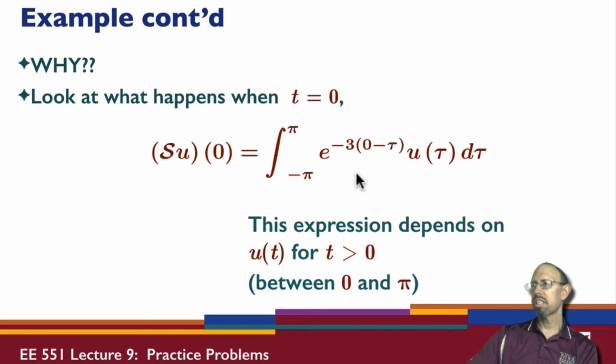So this is not time invariant, and it's not causal, because at time 0 this integral depends on future values of u. So it's not linear time invariant and it's not causal.